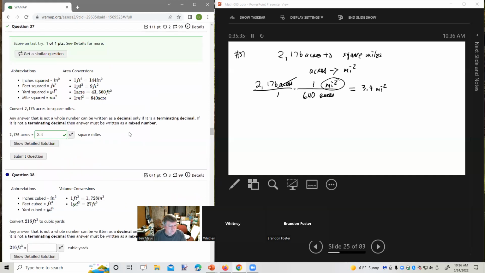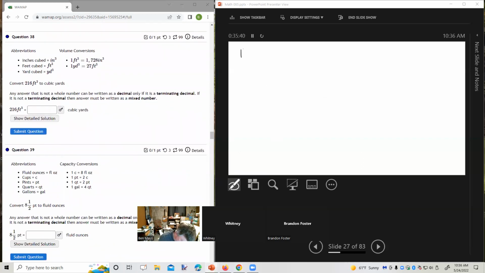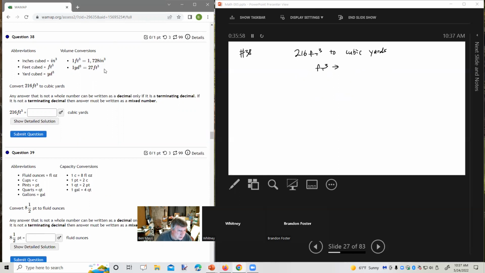All right, continuing on. 38, convert 216 cubic feet to cubic yards. I can go straight from cubic feet to cubic yards. There's my information right there.